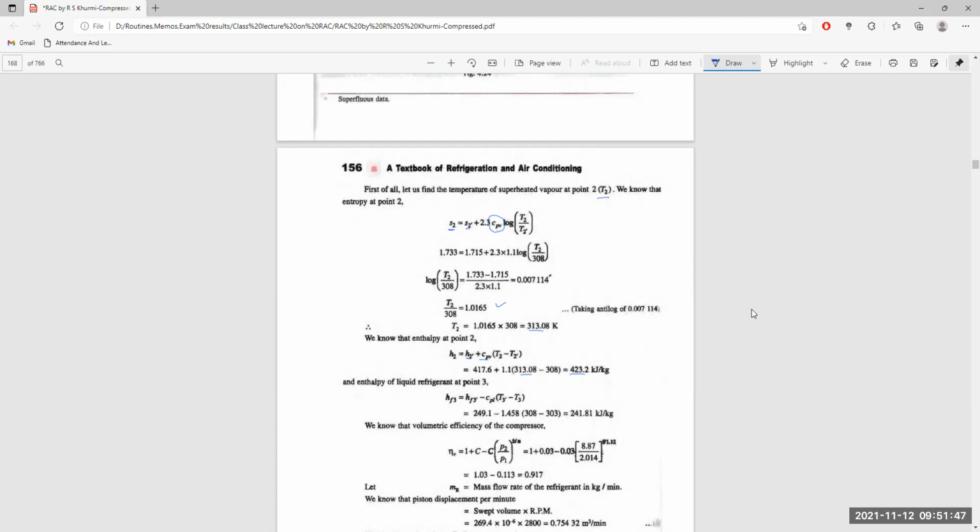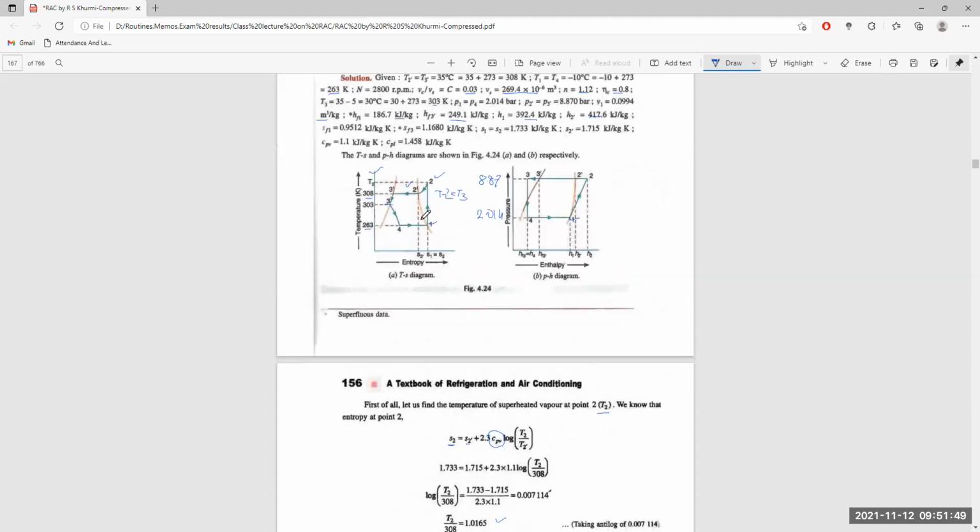So what is point 3? Let us go through it again. This is point 3, which is lying on the condenser, which is cooled. The condensate is cooled from point 2 dash, ending at 3 dash.